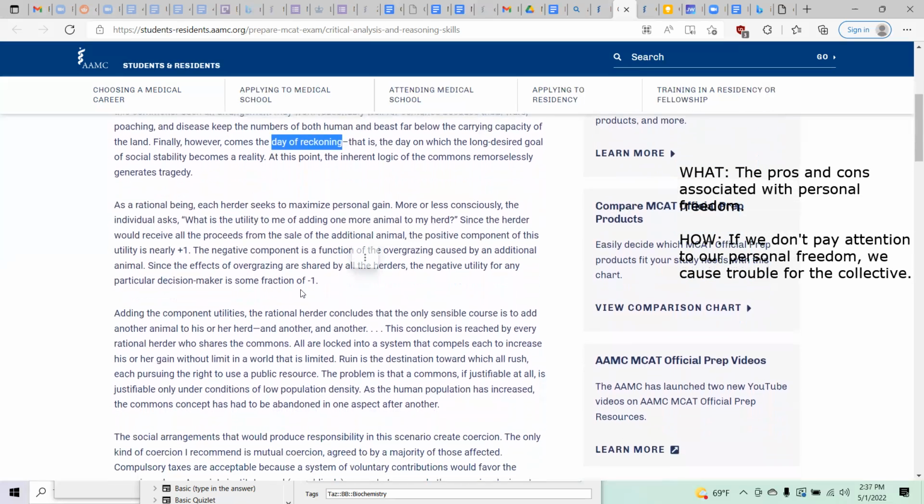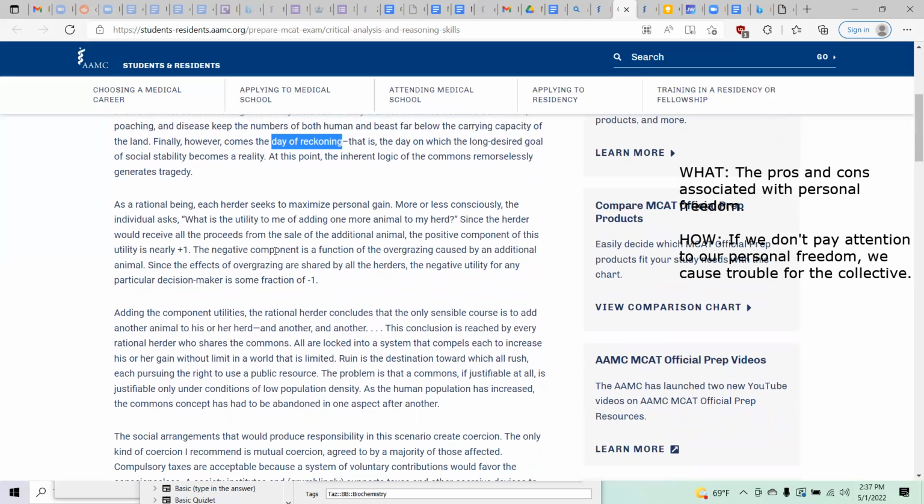Let's keep going. As a rational being, each herder seeks to maximize personal gain. More or less consciously, the individual asks, what is the utility to me of adding one more animal to my herd? Since the herder would receive all the proceeds from the sale of the additional animal, the positive component of this utility is nearly +1.